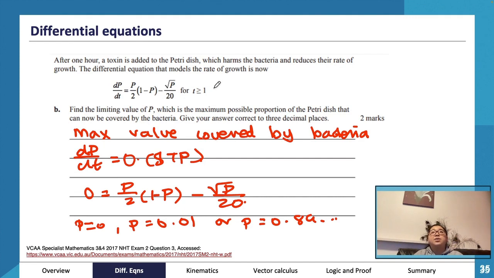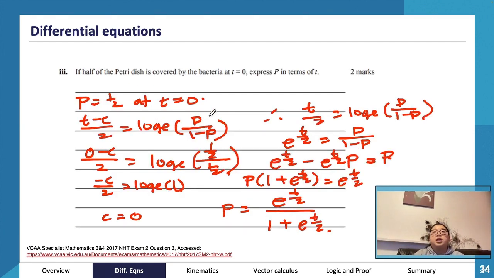So i.e. t is going to be bigger than 0 or 1. If you go back to the previous equation, you just want to substitute into this to make sure that it works out. So you can go e to the power of 1/2 over 1 plus e to the power of 1/2. You can see that that's going to be 0.66 something, right?